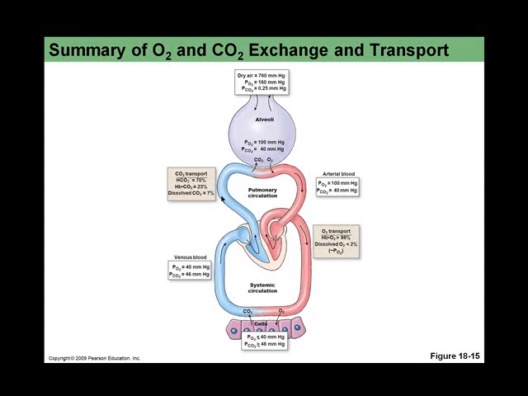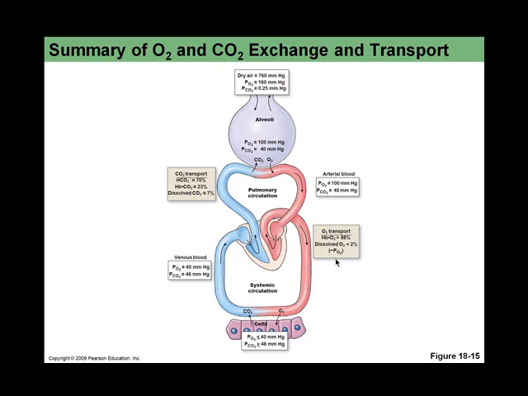And when we are considering the CO2 transport, 70% is in bicarbonate, 23% is in the carbon dioxide bound to the hemoglobin, and 7% is dissolved. The transport away from the lungs for the oxygen, the O2 transport, is as the oxyhemoglobin, 98%. The dissolved is less than 2%.